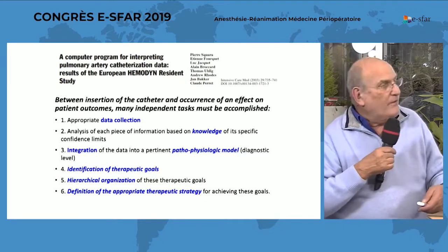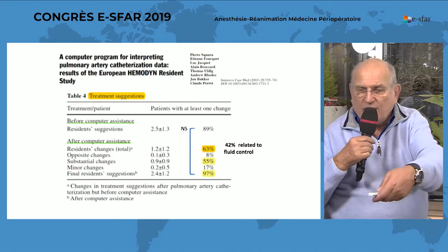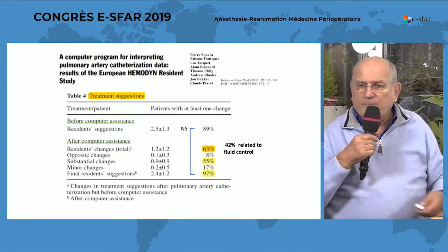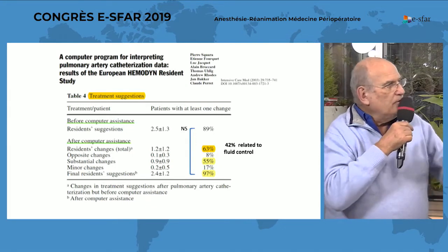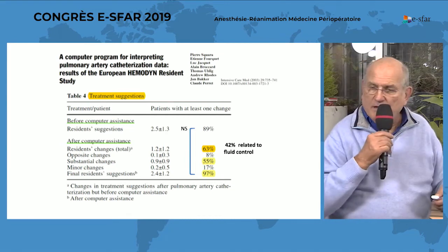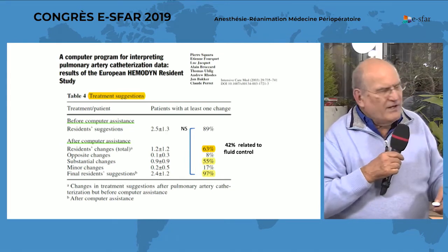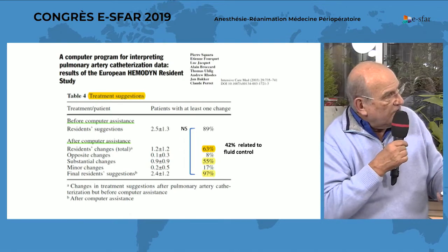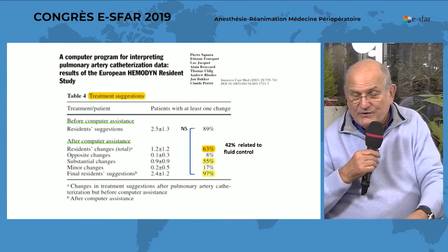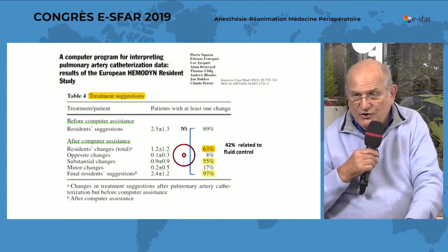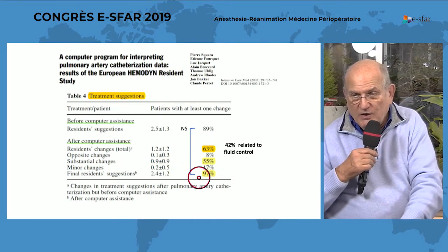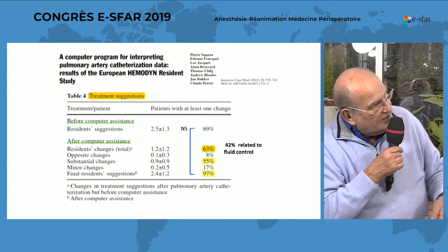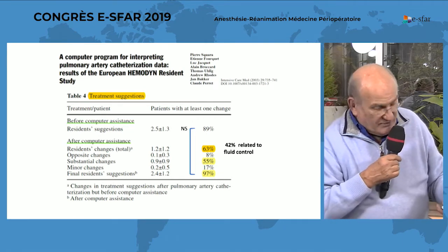And I agree with this, and this has been nicely shown, I don't have the time to go through it, by Pierre Squara, who was using a hemodynamic computerized clinical decision-making tool, which is a very elegant one, and may help the residents to improve the decision. They changed in 97% of the cases the decision they had made initially. When they use the computer data, they change totally their thinking and strategy.